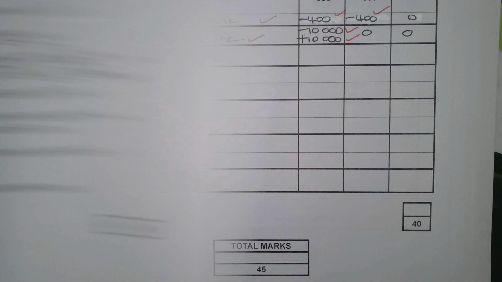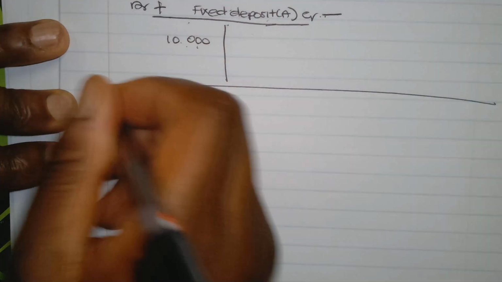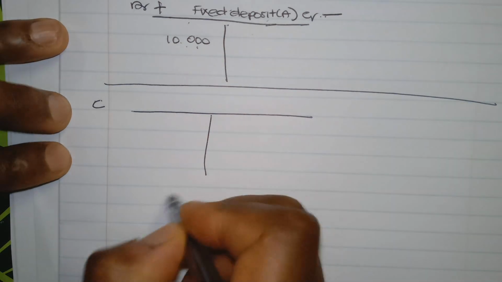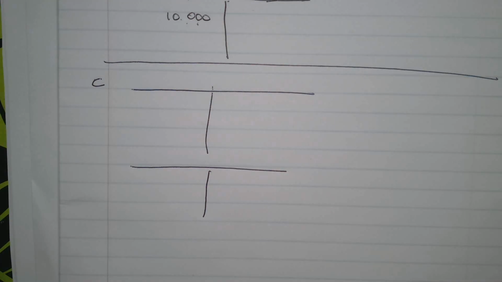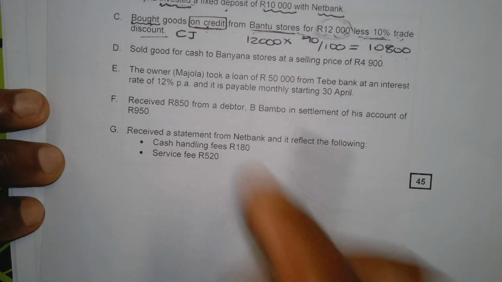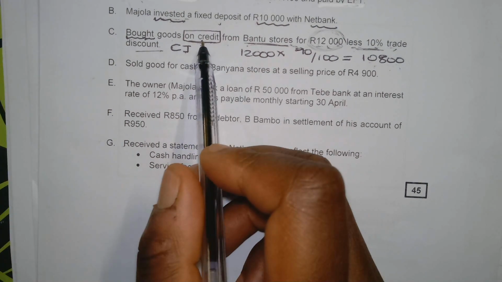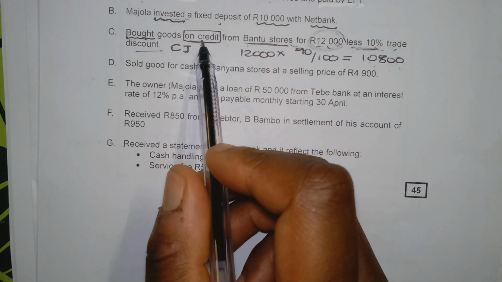Right. So the second part, remember, two accounts are affected. We do not forget that. Right now we're just figuring out the amount. So what is the first account that we need to have on top? It is not bank, because cash was not involved. And as I told you, if someone buys from us on credit, they are a debtor to us.